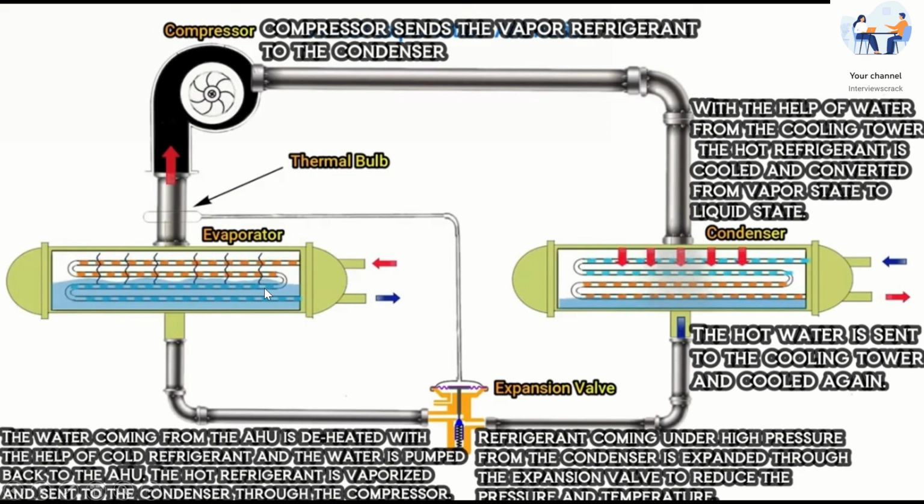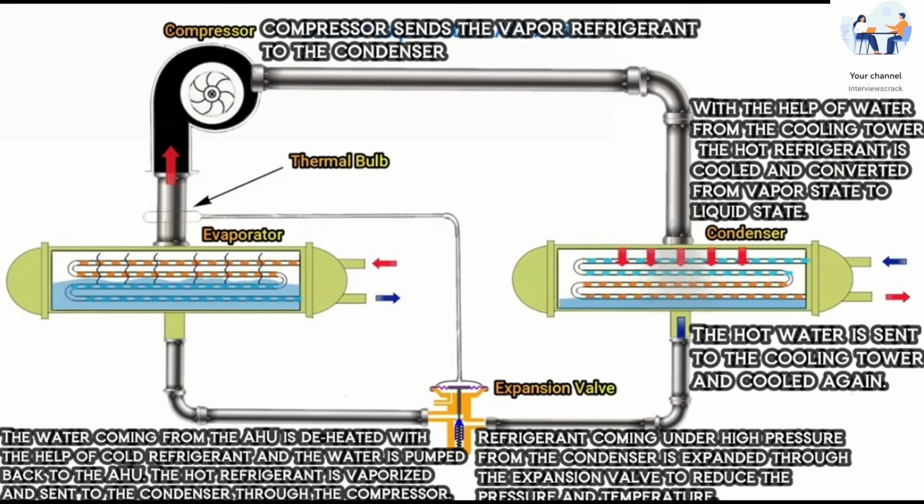You can see the evaporator, where the refrigerant is converting from liquid to gaseous form. The compressor is compressing the refrigerant and sending it to the condenser, and here the refrigerant comes in gaseous form, and this gaseous refrigerant comes into contact with the cooling tower water, which is cooled, and the refrigerant is converted from gaseous to liquid form.